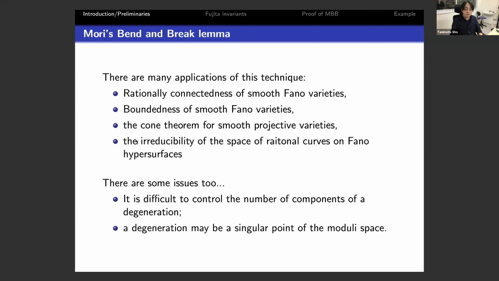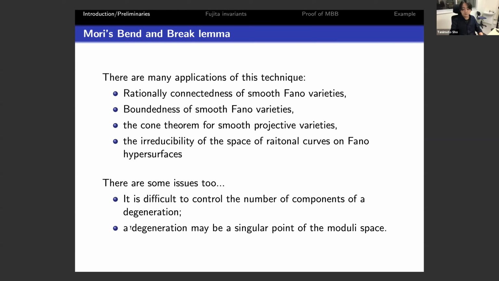But Mori's bend and break has some issues too. That means it is difficult to control the number of components of the degeneration. There's no control a priori. There could be tons of components. And also the degeneration may be a singular point of the moduli space, and this is a headache later on.